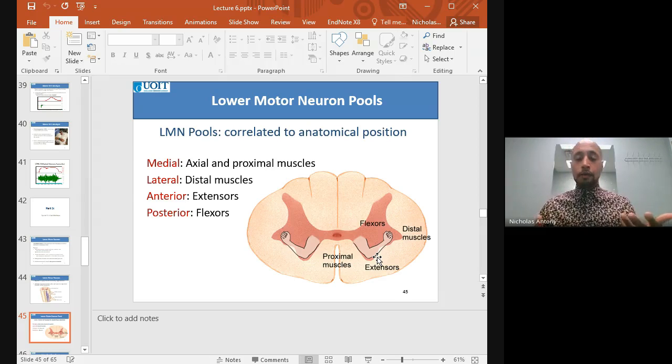Not an acronym, but a visual depiction that helps us visualize that is like this. You imagine 2 arms flexing in the gray matter. And that reminds you that proximal muscles are located medially, distal muscles are located laterally in the gray matter, extensor muscles are located anteriorly, and flexor muscles are located posteriorly.